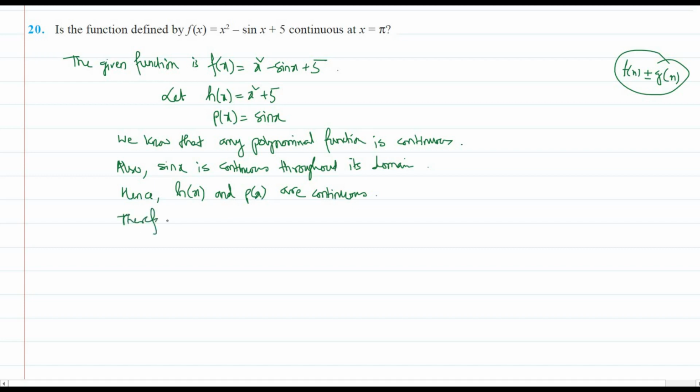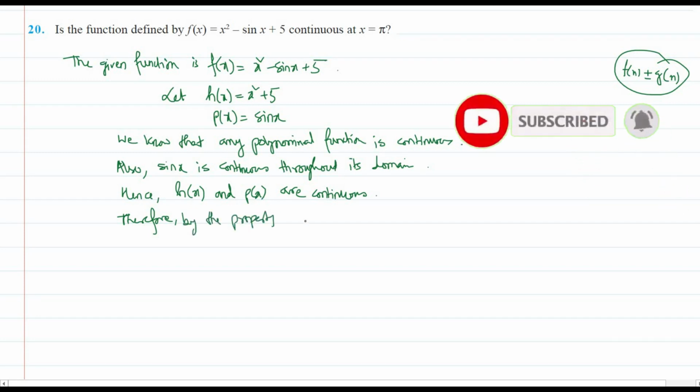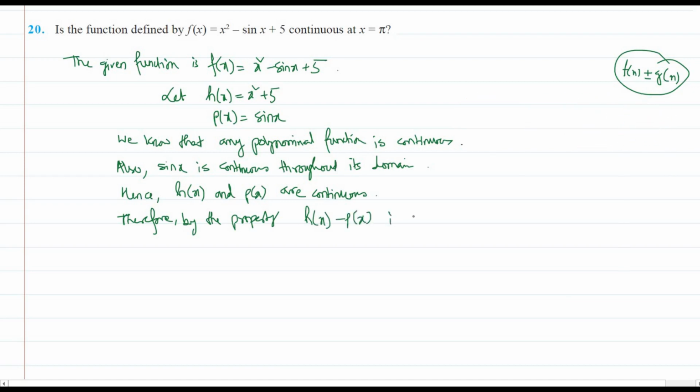Therefore by the property, h of x minus p of x is also continuous. But h of x minus p of x is equal to x square plus 5 minus sin x, which is equal to f of x.